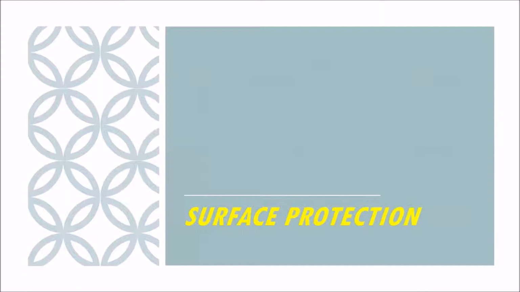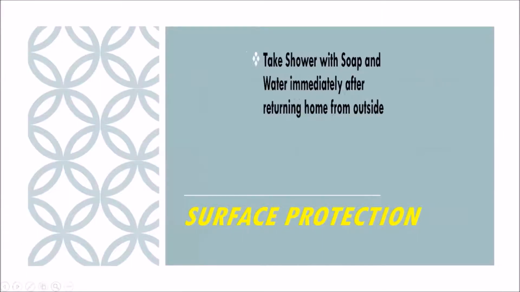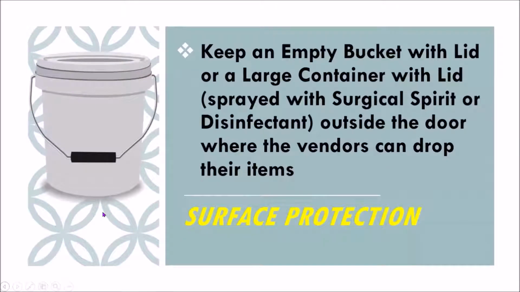Try not to touch anything directly touched by the vendor before it is cleaned. You can clean that bucket with Dettol or any kind of disinfectant like surgical spirit. That can keep the surface very clean before we take the item inside our room.